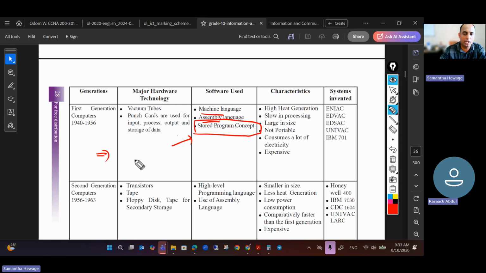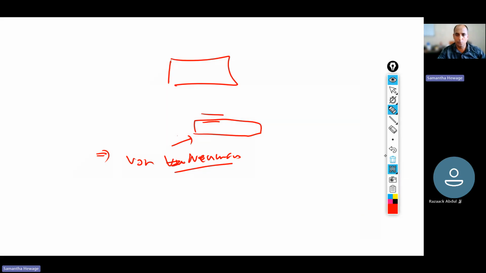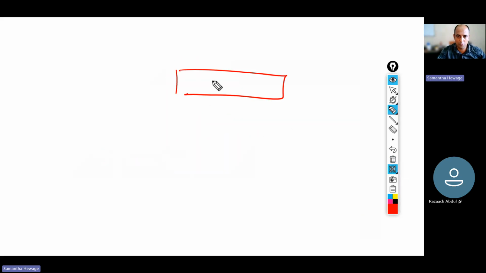Who introduced this? Von Neumann. So normally in grade 11 we learn the von Neumann architecture. This concerns the computer memory and the CPU. We have the random access memory, or main memory, and we have a CPU.